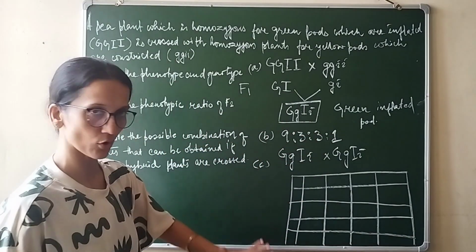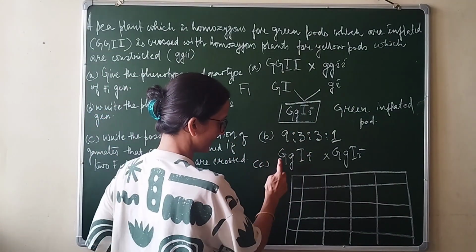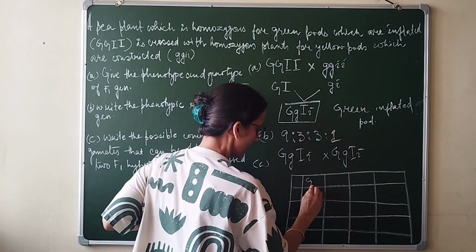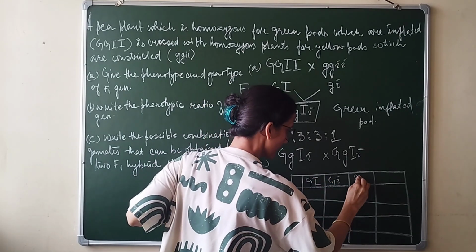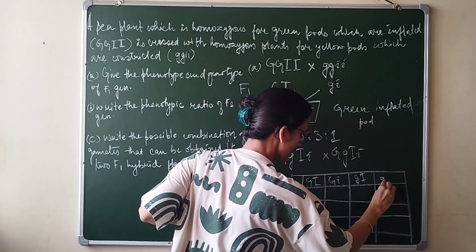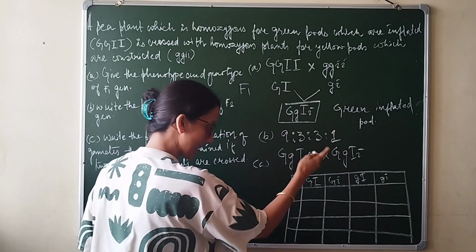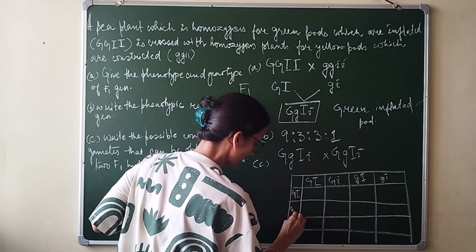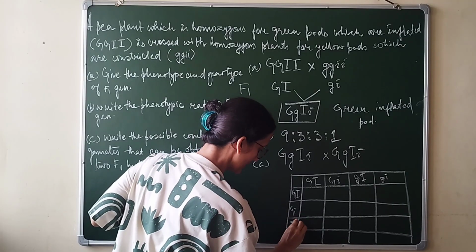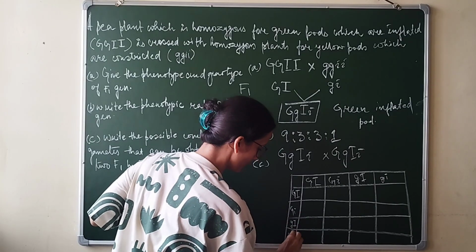You are going to draw this Punnett square and you will write the gametes produced by this individual. Capital G, capital I, capital G, small i, small g, capital I, small g, small i. Same gametes are going to be produced here. Capital G, capital I, capital G, small i, small g, capital I, small g, small i.